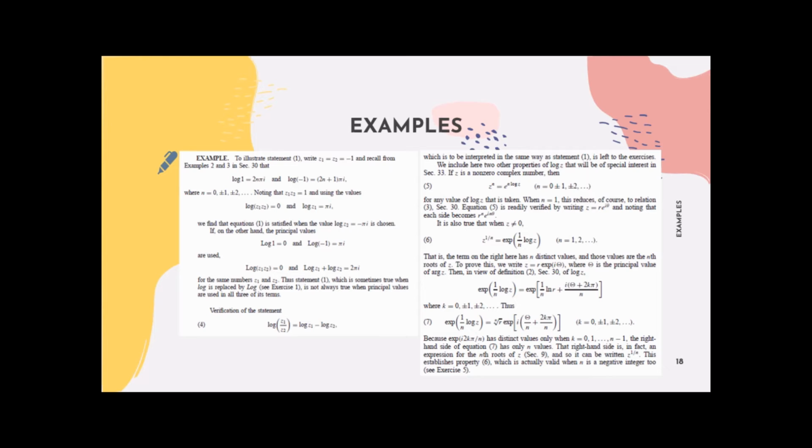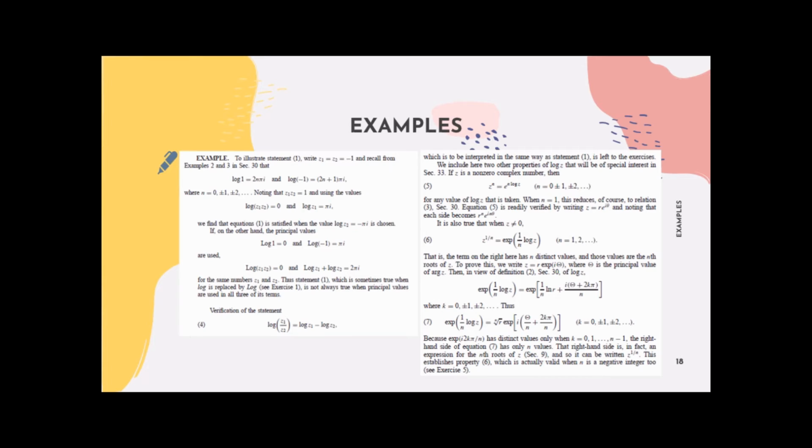When n = 1, this reduces of course to relation 3. Equation 5 is readily verified by writing c = r e^{iθ} and noting that each side becomes r^n e^{inθ}.